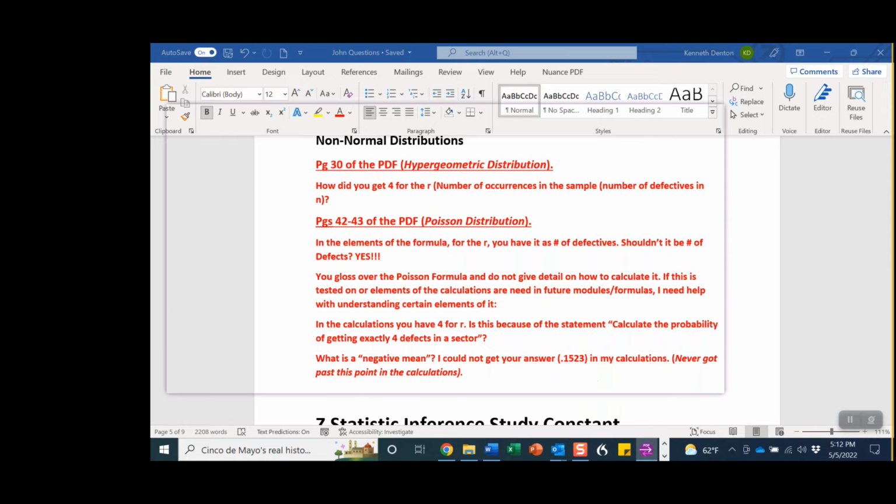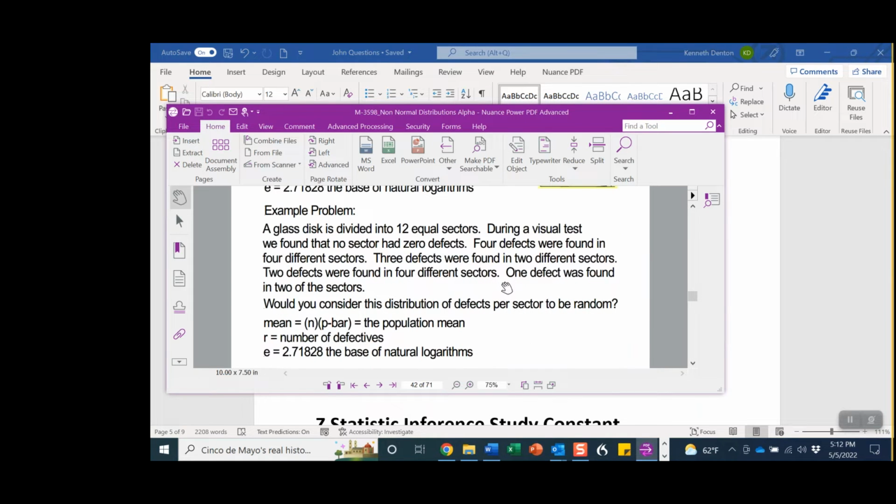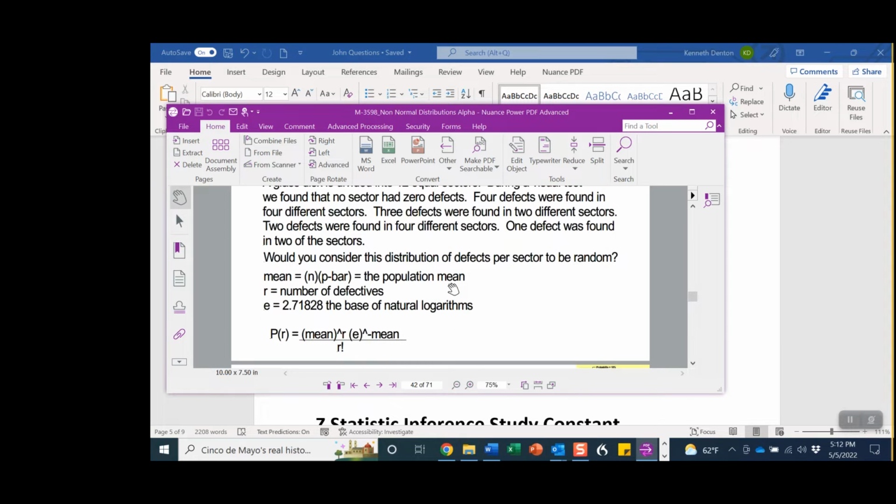They're not going to give you that difficult of a problem on the test. They're going to give you problems where you have to use that Poisson table. I don't think I've ever used that formula, but it's not hard to use because you get the average number of defects, correct?